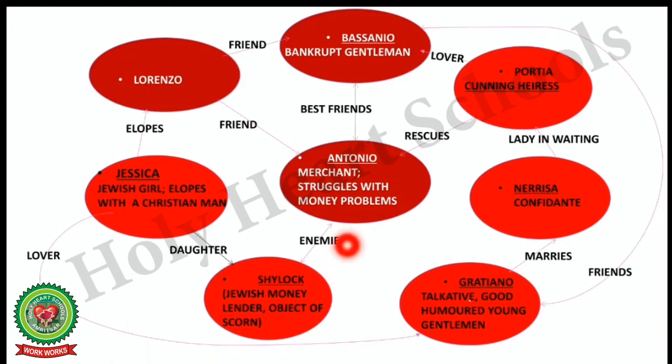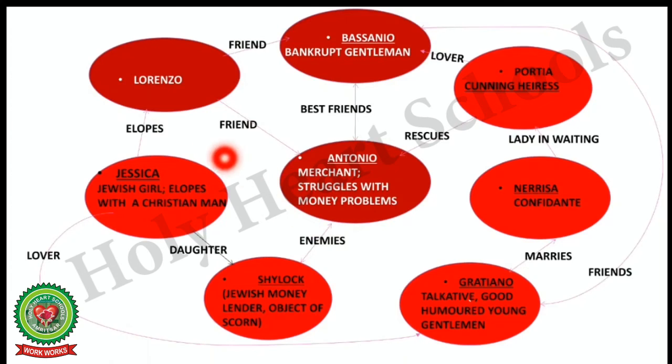Students, there is enmity between Antonio and Shylock, as Antonio is a Christian and Shylock is a Jew. Moreover, Antonio helps his Christian friends by giving them money without charging any interest, whereas Shylock lends money by charging high rate of interest. Antonio's way of lending money has affected Shylock's business badly.